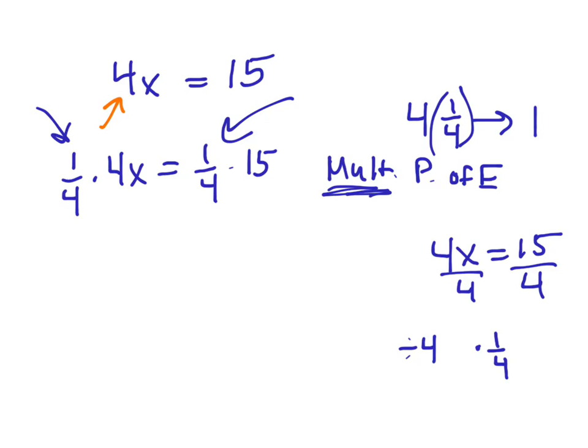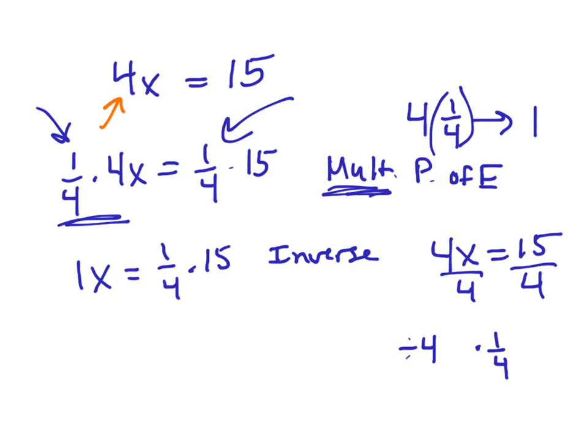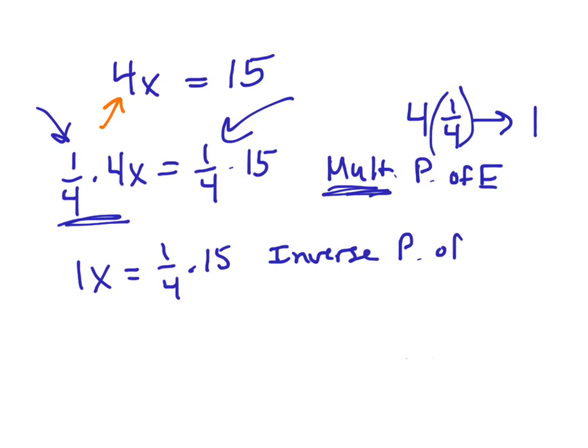Okay, so now on the left we have 1/4 times 4, and that's a 1. And we know that by the inverse property of multiplication. Okay, and then finally, I know that 1x is the same thing as x by the identity property.